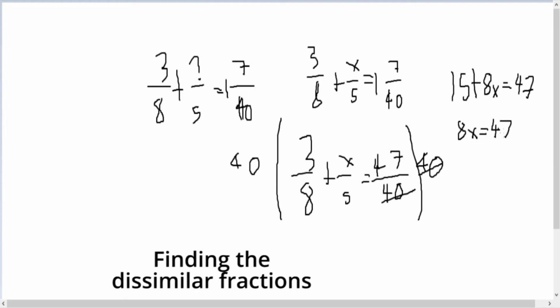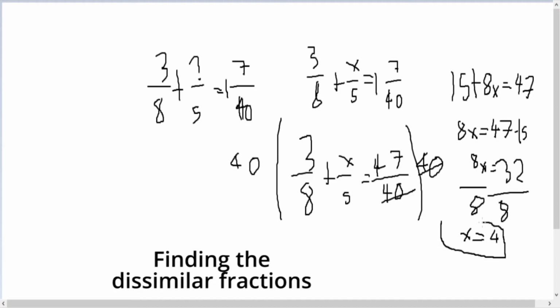Now 47, 15, 8x, 47, 32, 8x equals 4. And that is the final answer. x equals 4. That's the final answer.